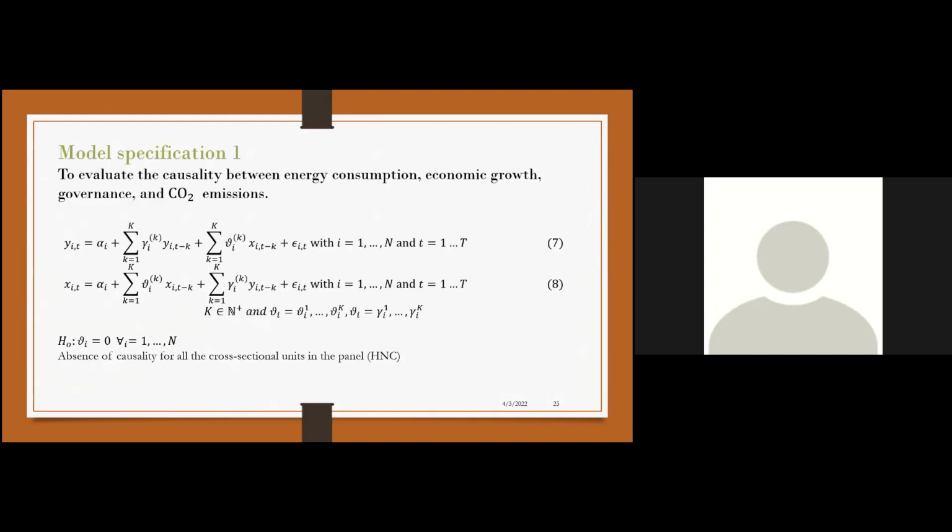So in terms of model specifications, objective number 1 uses the causality test. This is the framework, which is a pairwise test under Dumitrescu-Hurlin 2012. It allows you to test the relationship. You pick one variable, for example Y_it, which can be our GDP, and compare it with energy consumption to check the relationship.